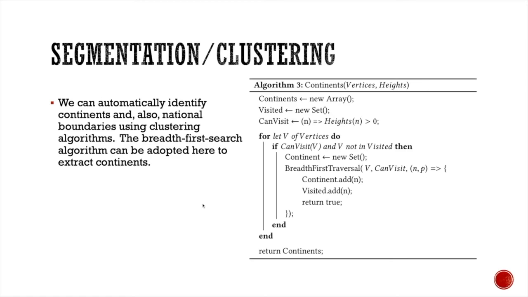Once we have visited a vertex, we can assign it to a continent. And after assigning all vertices to some continent, we have identified all continents. This algorithm can also be adapted to do the same for, say, nation states.